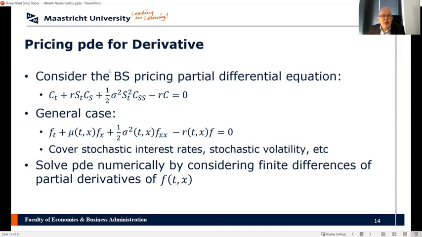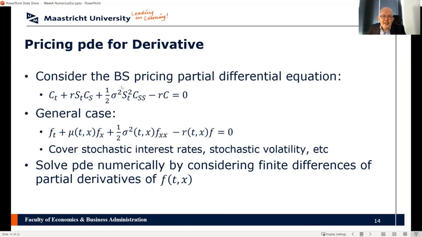The Black and Scholes partial differential equation for a call option, we talked about this 2 or 3 weeks ago, is the time derivative plus r times s times the derivative in the s direction plus 1/2 sigma squared s squared times the second derivative in the s direction minus rc should be equal to 0, where c is the call option price, which is a function of small t and the stock price s.